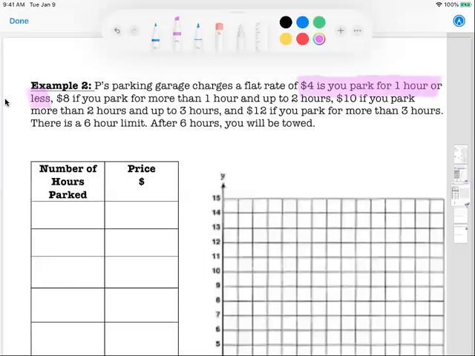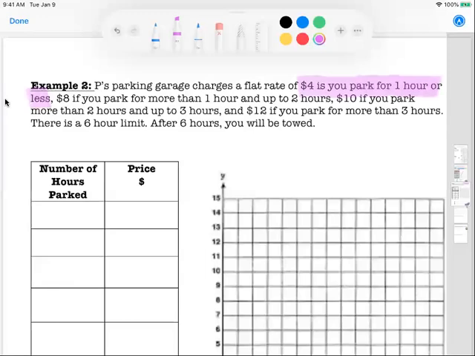So if I park for half an hour, they're not going to charge me half of 4, they're just going to charge me that 4. So as soon as I drive into that parking lot, up until I am there for 1 hour, I am going to be charged $4. It's a flat rate. It's not a linear relationship here.